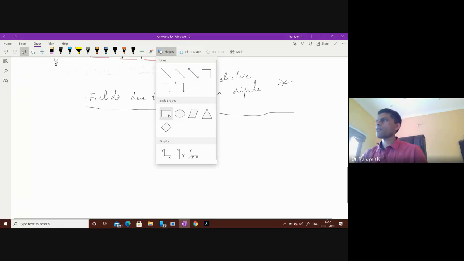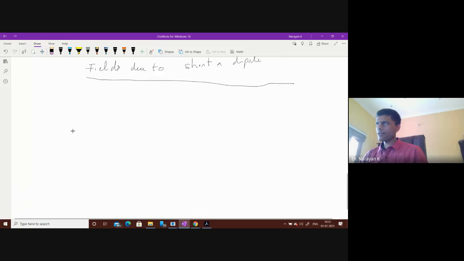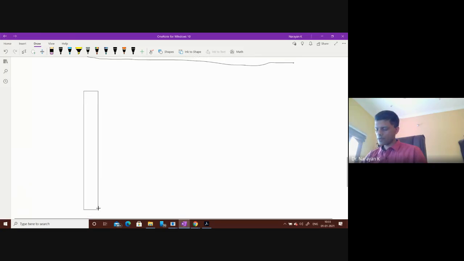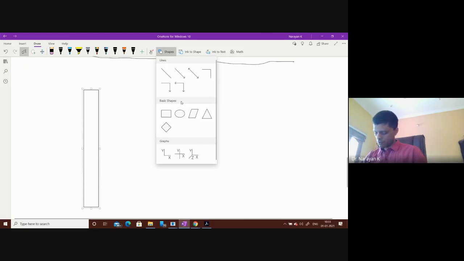Now please draw this figure, which is slightly more important than the figure on top. That is the three-dimensional figure. Even if you don't draw that, it is fine. This particular figure which I am trying to draw is more important right now.